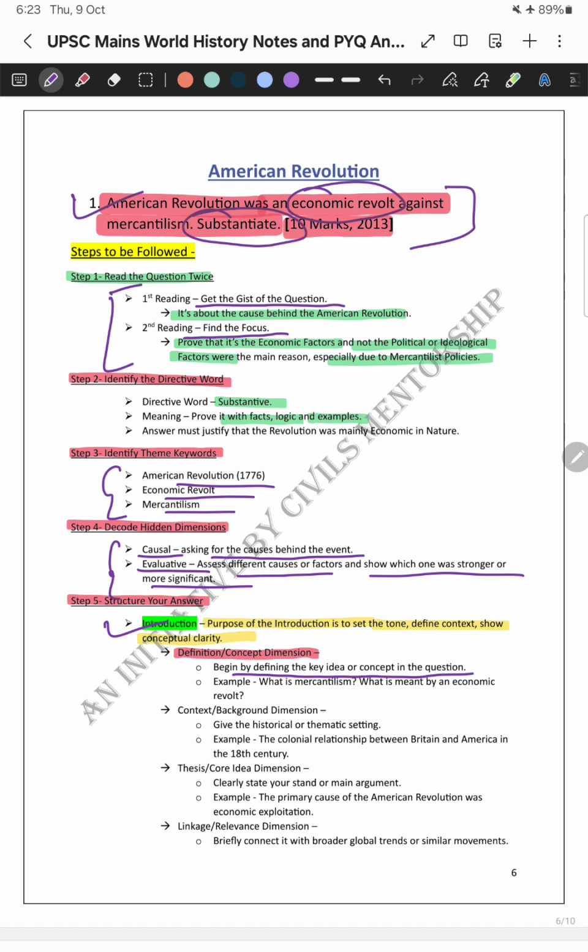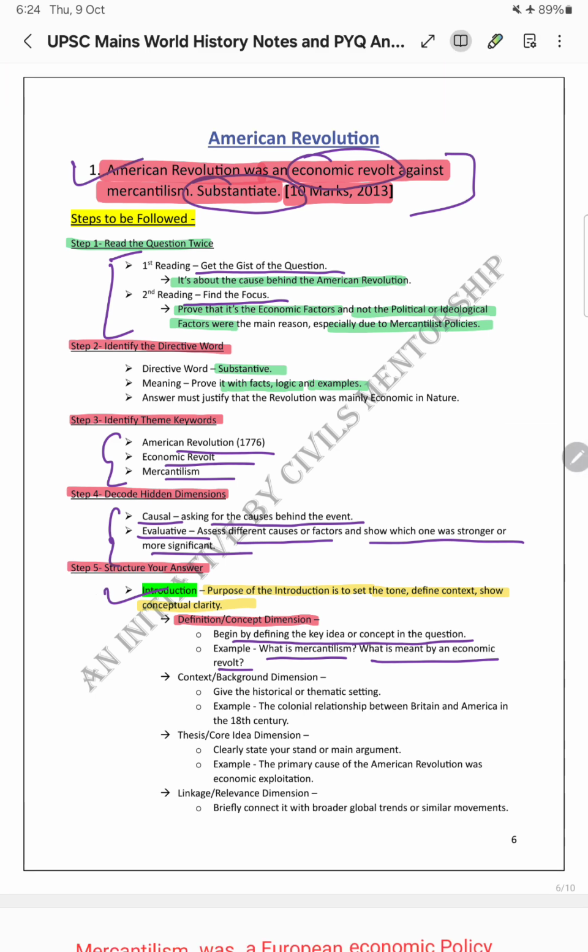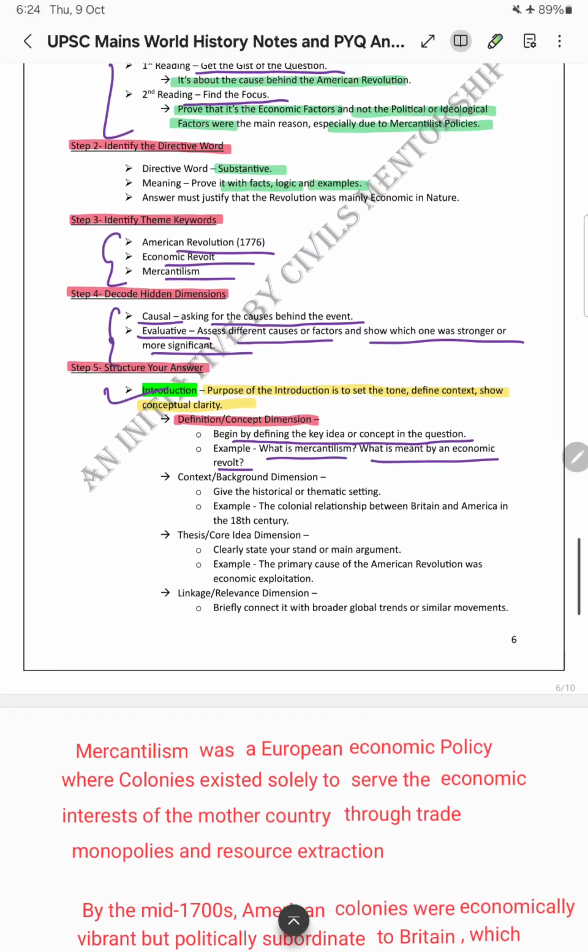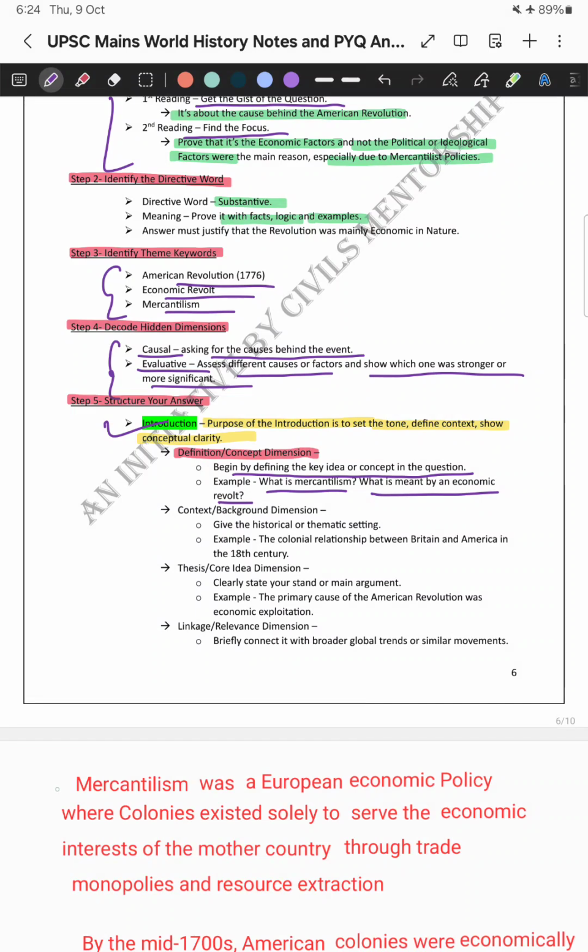Not only for this particular answer, you can write any answer with this as an introduction, where you are defining the key idea or the concept in the question that has been asked. For example, in this question you can start by defining what is mercantilism, or what is meant by an economic revolt. What is mercantilism?